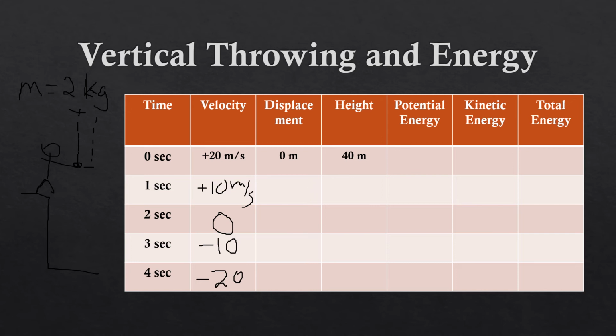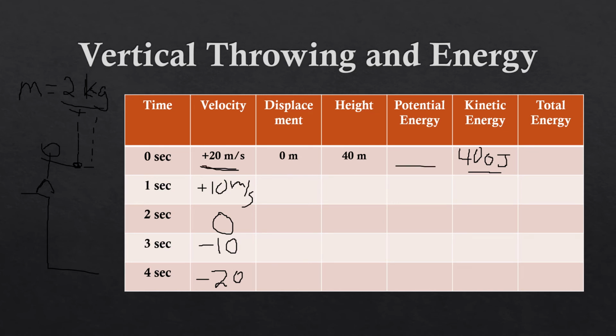We actually have a lot of information now. With this velocity, I can get the kinetic energy. So I'm going to do that right now. KE equals 1/2 times the mass of 2 times 20 squared. Kinetic energy is 400 joules. I did 1/2 mass v squared.